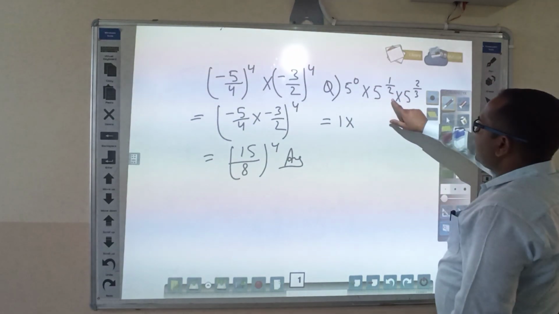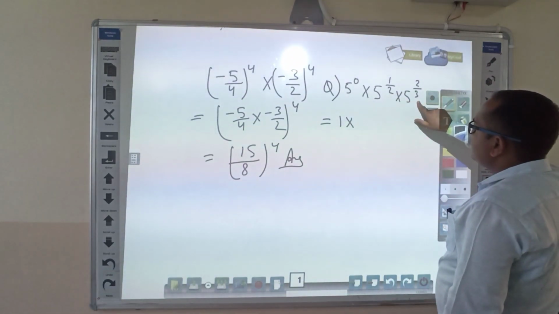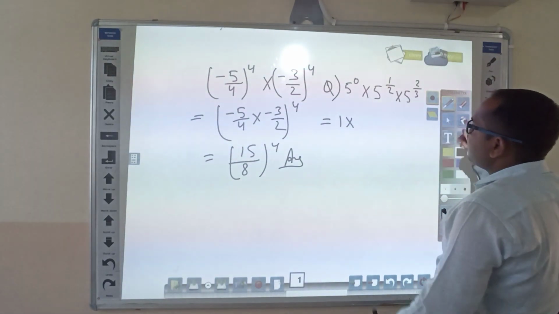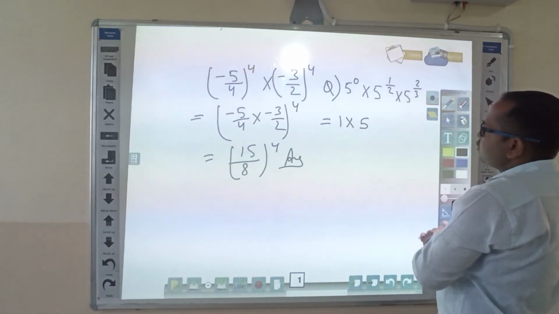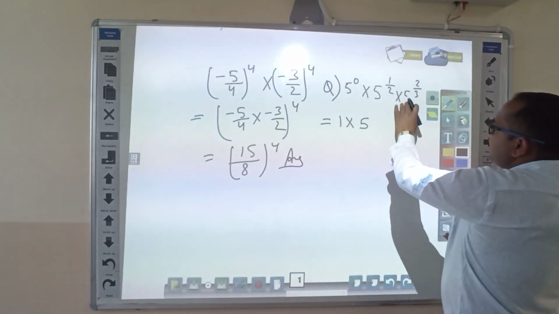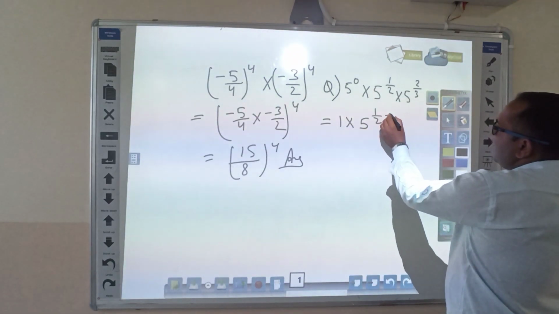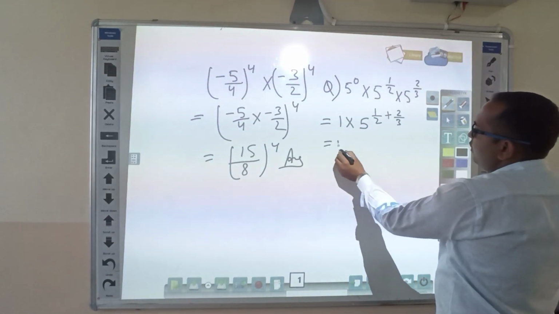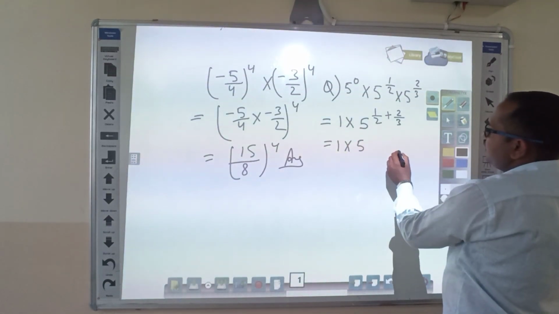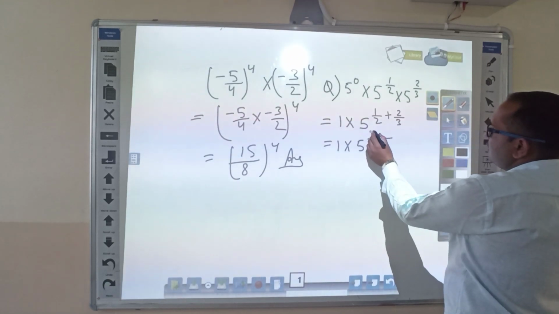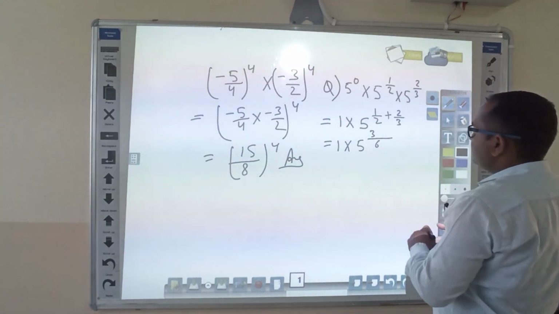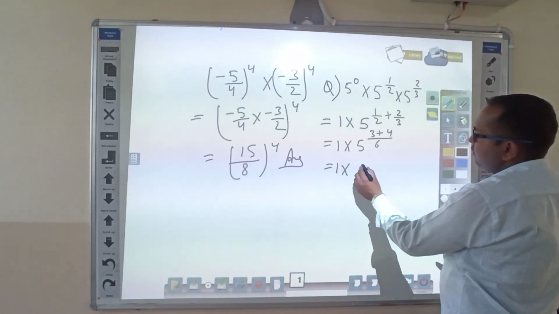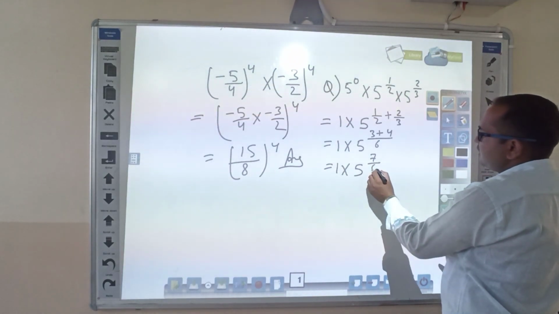5 to the power 1 by 2 into 5 to the power 2 by 3. In these two the bases are the same, so we take the base common, and these two are in multiplication form, so we add the exponents. So it gives 1 into 5 to the power, take 6 as LCM, 3 and 4, so 1 into 5 to the power 7 by 6.